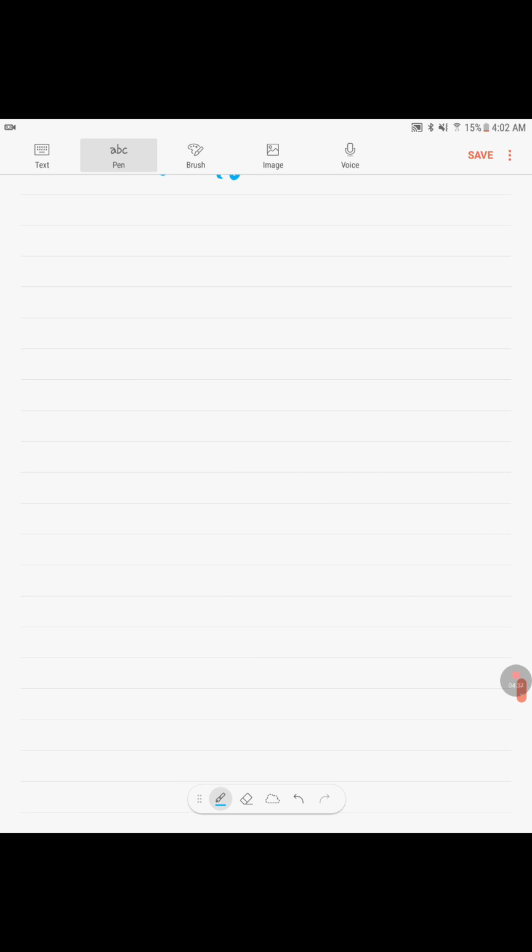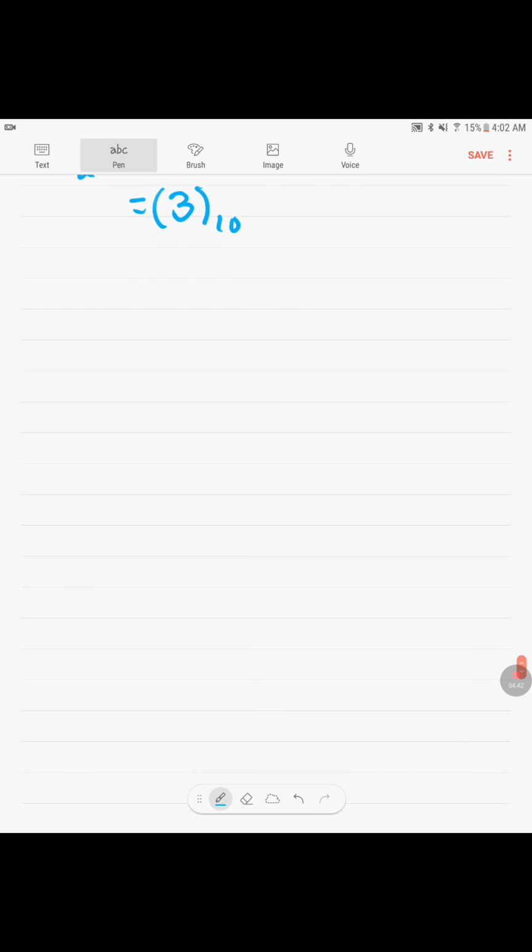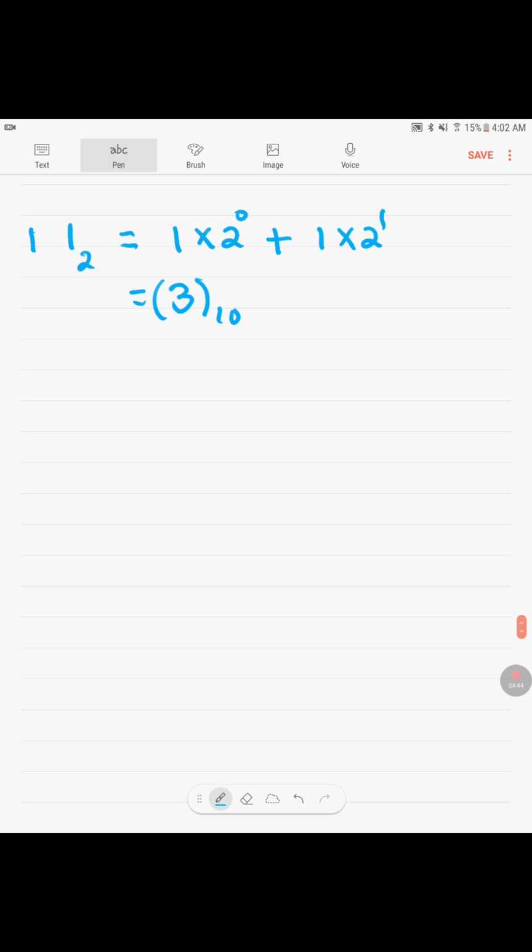Now, in base 10, how would you represent a number that's, let's say, 393?